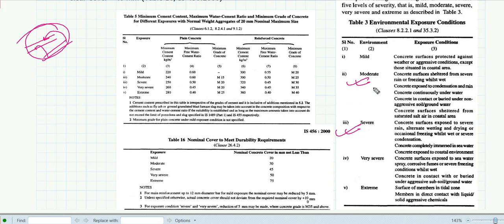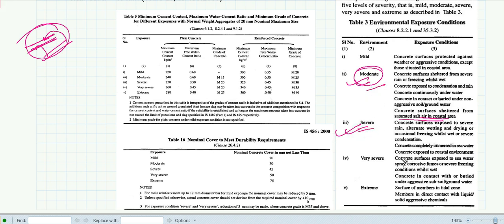Let us assume that this member is outside the building. If the beam had been inside the building, I would have considered it moderate, because it is written that only if the concrete surface is sheltered from saturated salt air of coastal area, then it is moderate.